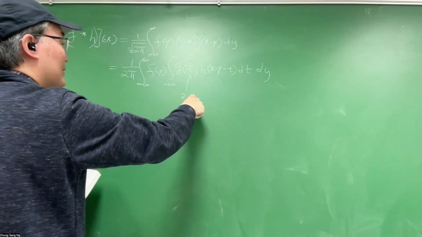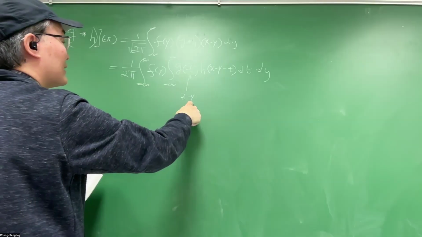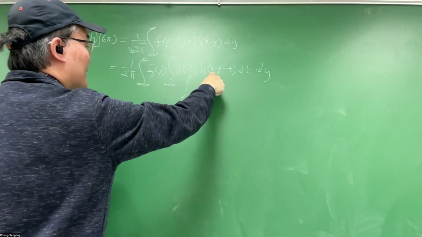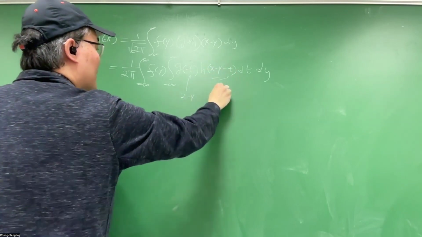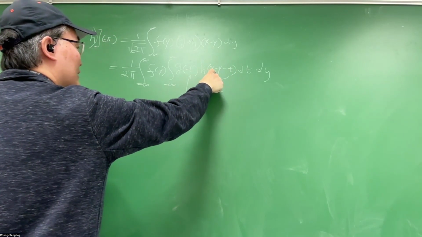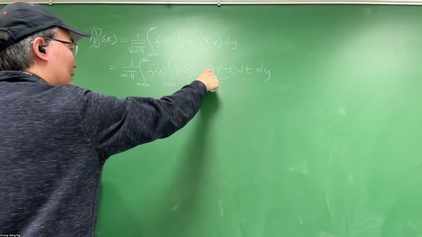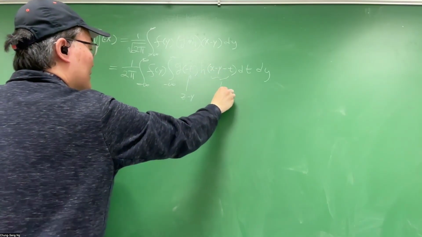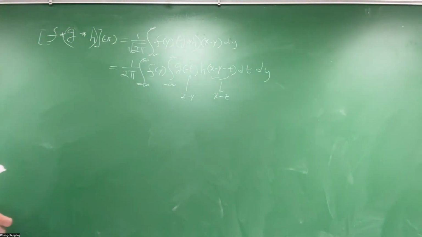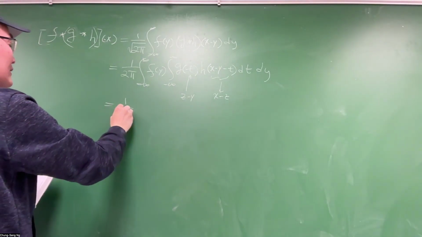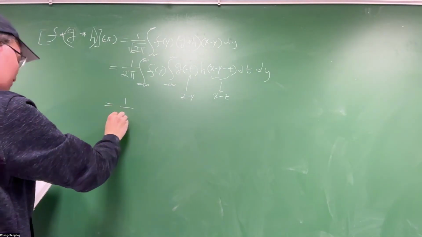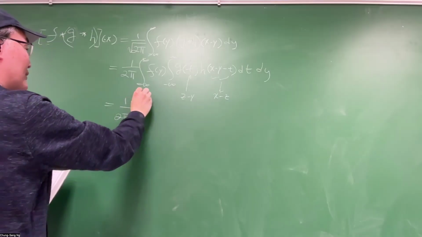So if t is z minus y, then you just substitute t as z minus y here. And the y will cancel, becoming x minus z. Okay. So this way, the green one, this is the final definition, if you like a standard form to compare with.